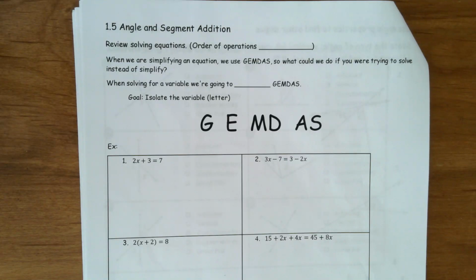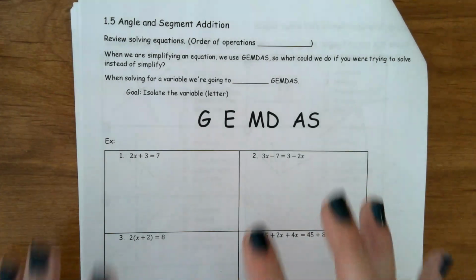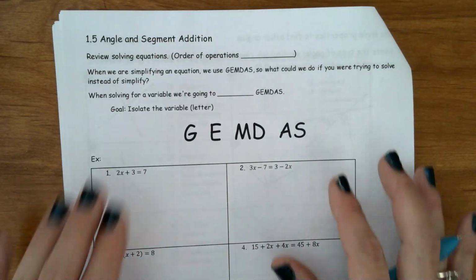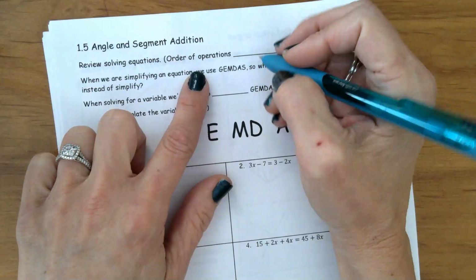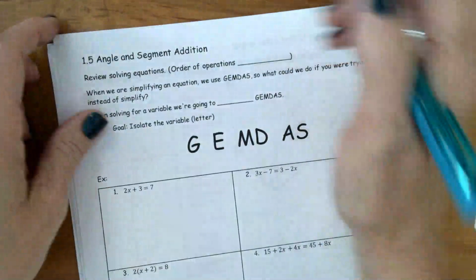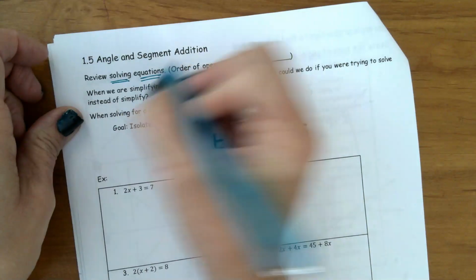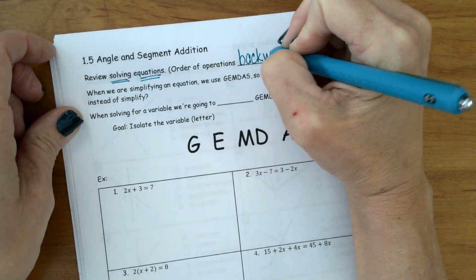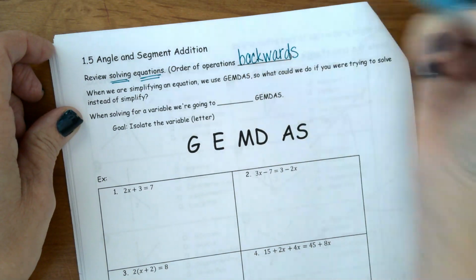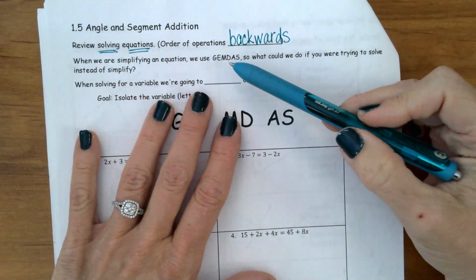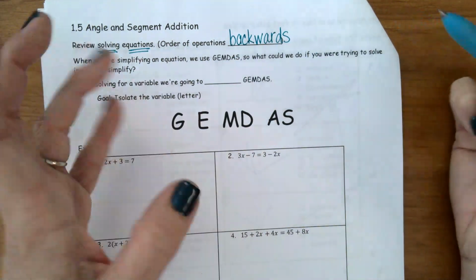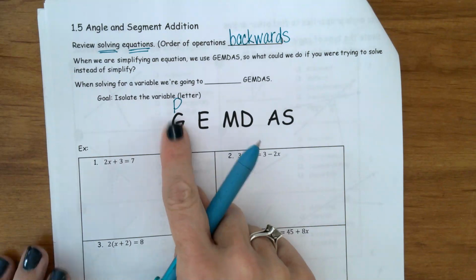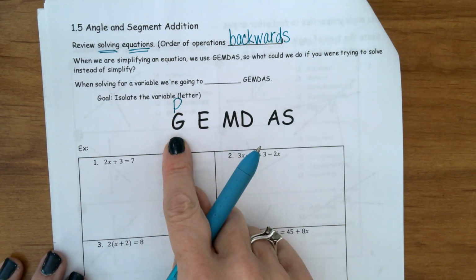All right, so we're going to very quickly review order of operations because we have to undo that when we solve. So, order of operations, okay, when you're solving equations, you're going to go backwards. Okay, you're going to undo it. A lot of students are really good with, and by the way, if you're like, what's GEMDAS? Just the P is not the only grouping symbol.